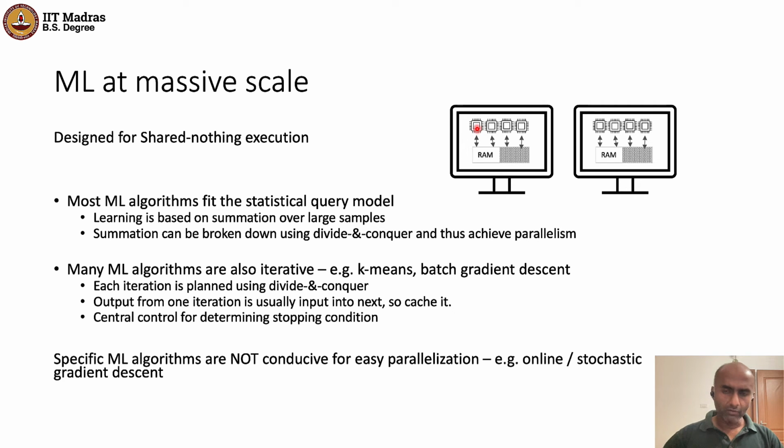Now, if you use an algorithm which is online, meaning every row of data processed needs some information exchange with other cores, or stochastic gradient descent, as an example, which is mini batch oriented, then for every 10 rows, every two rows, every three rows, you're forced to exchange information between the CPU cores.